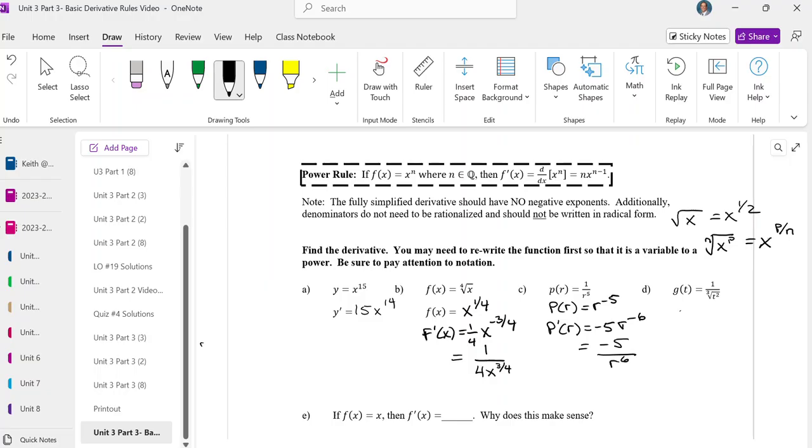This last one here, when you rewrite it as a fractional exponent, it's t to the -2/3. So then g prime of t is equal to -2/3 t to the -5/3, because negative 2/3 minus 1. So therefore it's negative 2 over 3t to the 5/3.